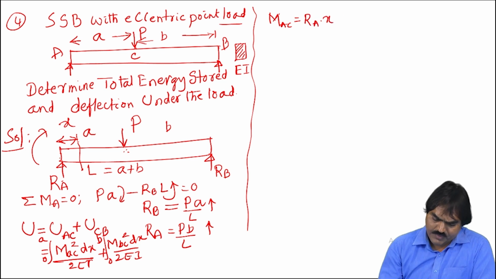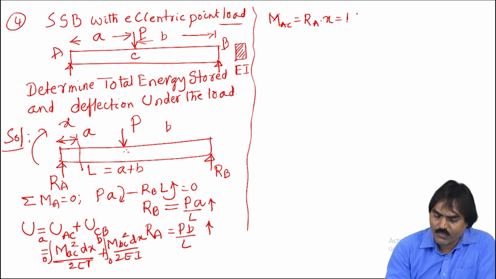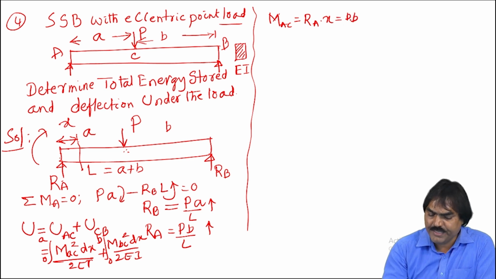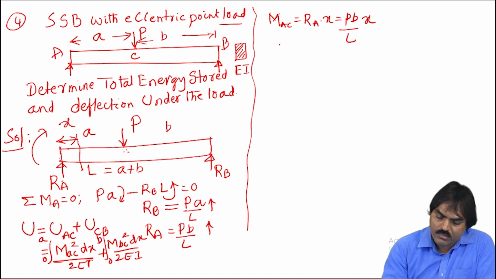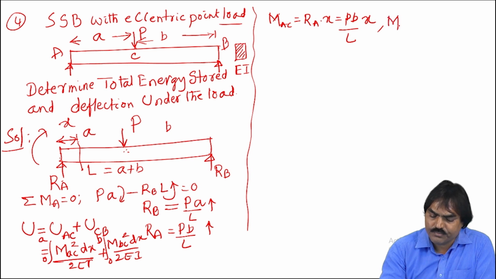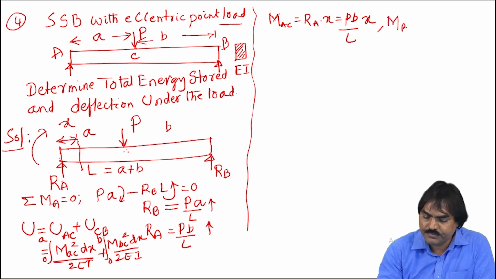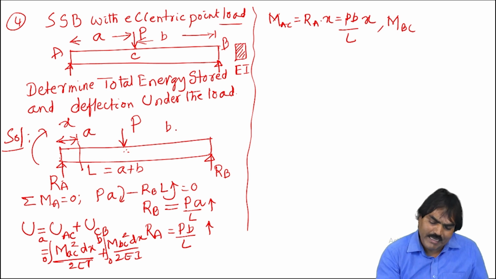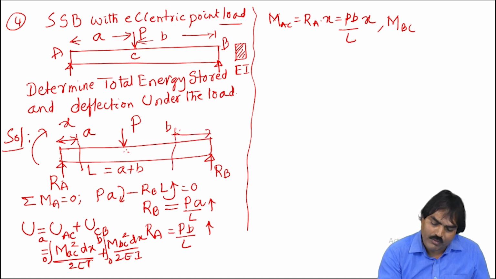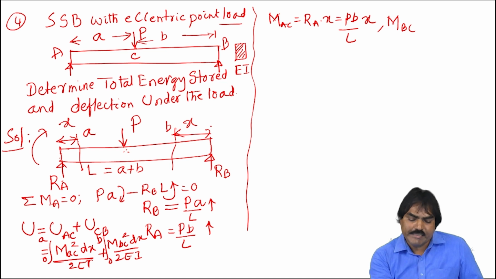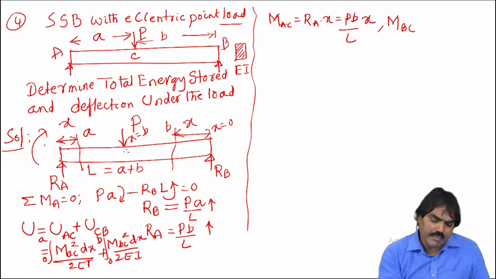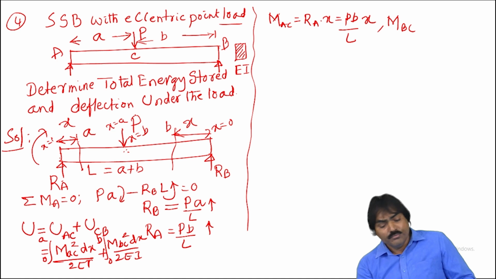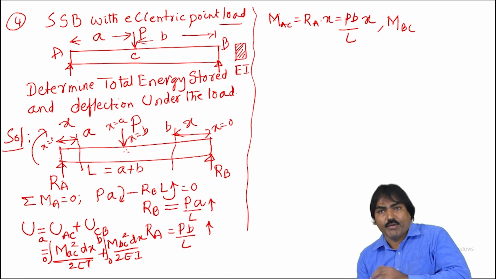RA is PB by L, so PB by L into x. Then, what is the moment in the portion BC? From this side, we can take a moment here, at a distance equal to x. The limit is here x is equal to 0, here x is equal to b. Here the limit is x is equal to 0, here the limit is x is equal to a. So that the entire beam is covered.